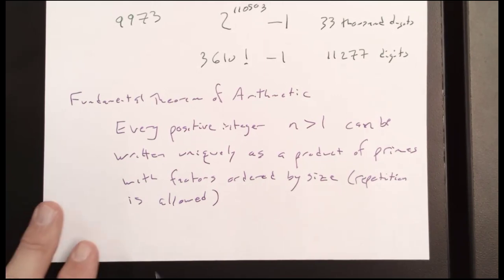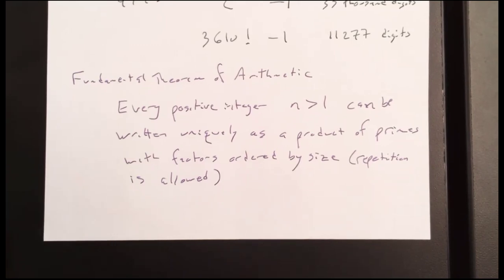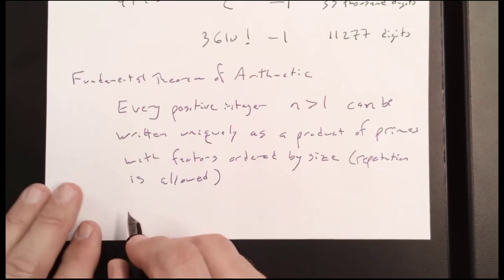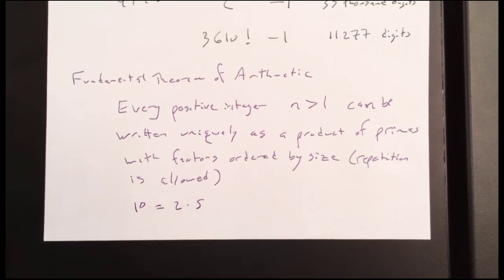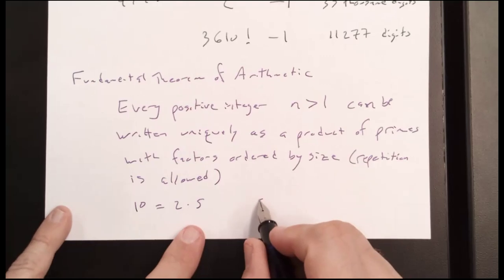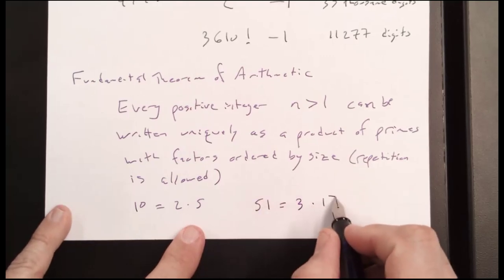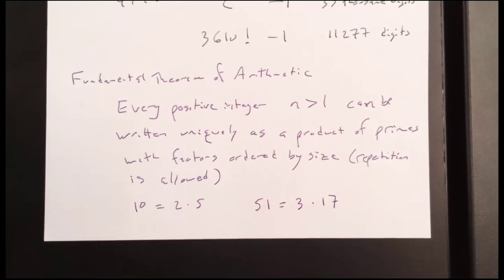So somebody pick a number. 10. 10 is 2 times 5. That's the only decomposition of 10 into primes, going from small to large as we go from left to right. 51 is 3 times 17. 17 is prime, 3 is prime.